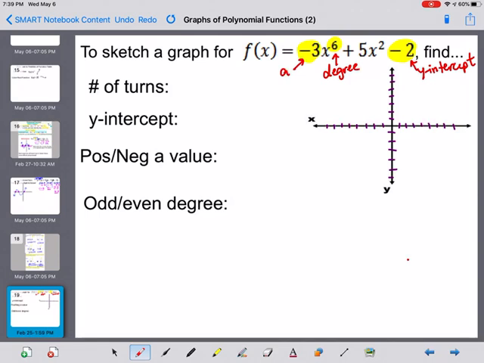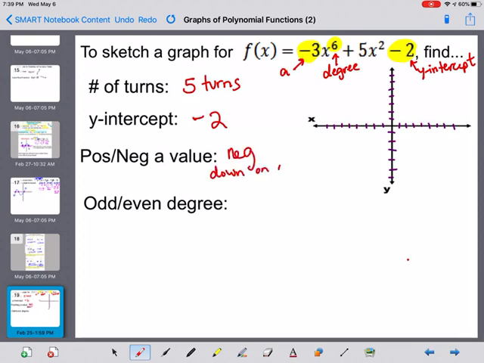Okay, now we're going to identify lots of things. So we wrote in our notes last week that the number of turns is 1 less than the degree. So since the degree is 6, this would take 5 turns. So the graph is going to turn 5 times. The y-intercept we just labeled as -2. The a value is negative.